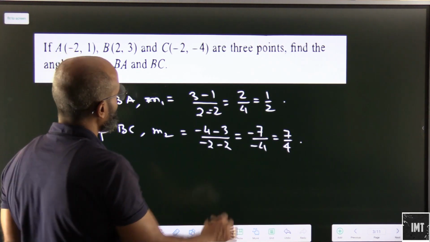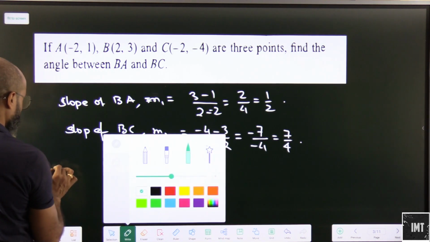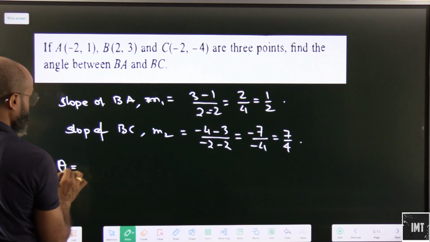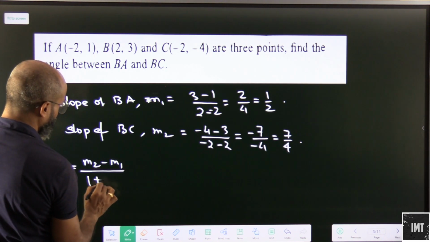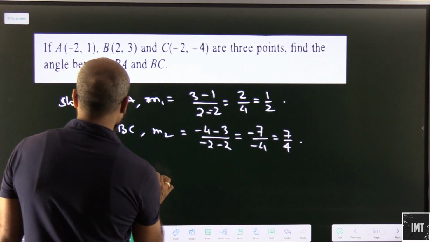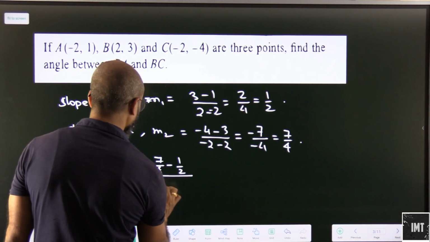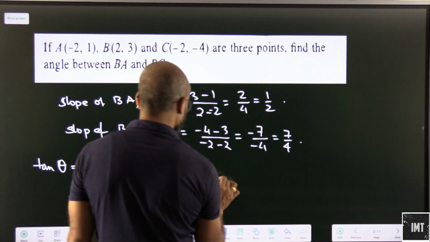Okay, so what will be the angle between these? Tan theta will be equal to (m2 minus m1) upon (1 plus m1 m2). So m2 minus m1, that is 7 by 4 minus 1 by 2, upon 1 plus 7 by 4 into 1 by 2. So that's how much?